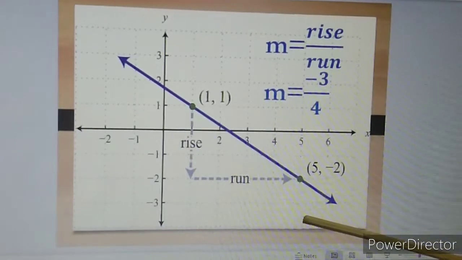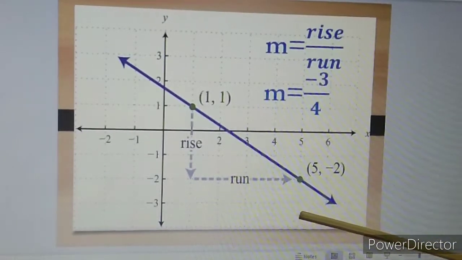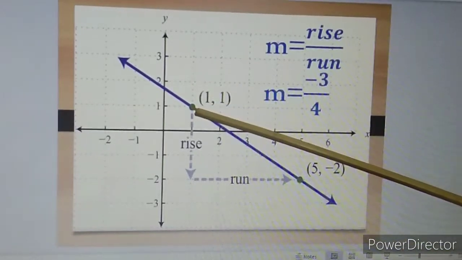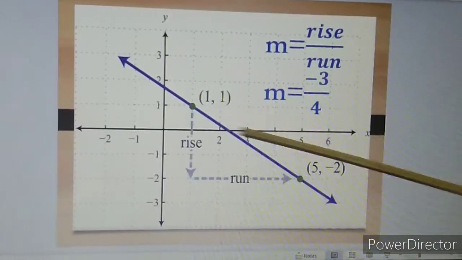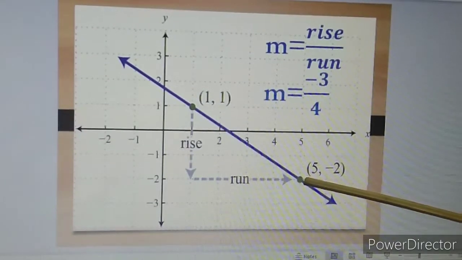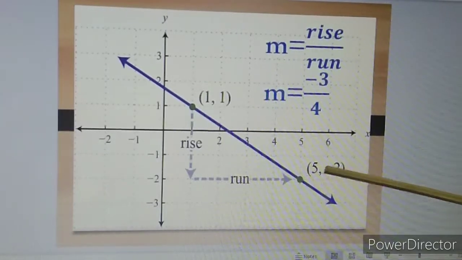In finding the slope, you're going to locate 2 points in the graph. So this is the first point where the coordinates are 1, 1. This is the other point with coordinates of 5, -2.